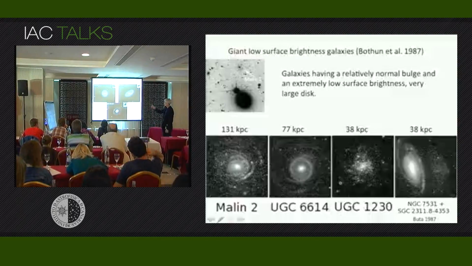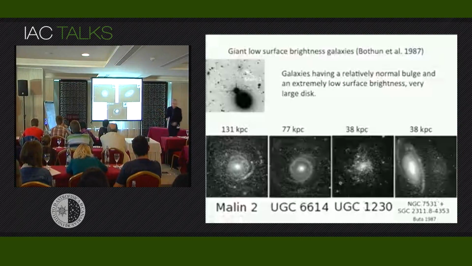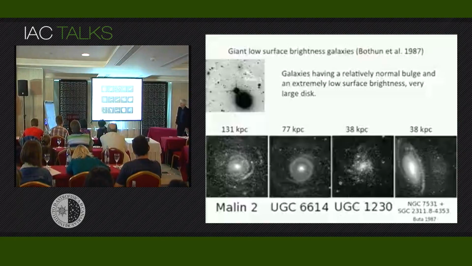They're an interesting and important class of objects. And here I just show 3 of them. Now I also show here another one that's not a giant low surface brightness galaxy, just merely a big one. It's this ghost to the right of this big spiral, NGC 7531. You can barely see the ghost. It's 2/3 the size of that spiral. And I saw a recent study, and I believe it is related to the spiral.